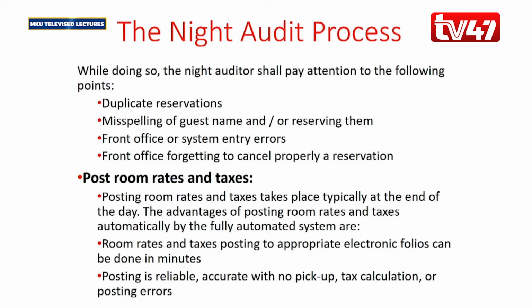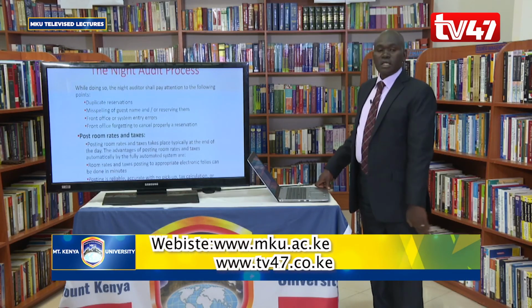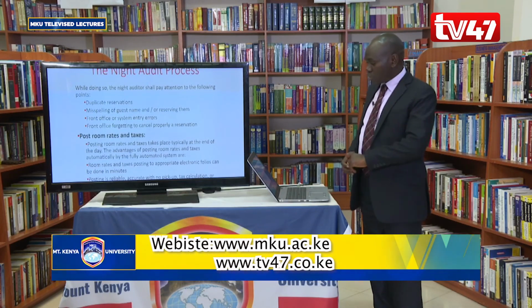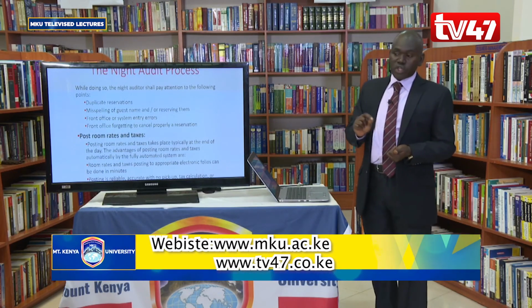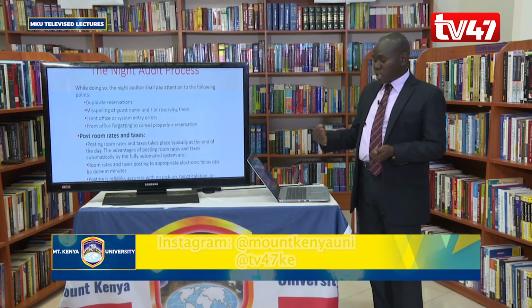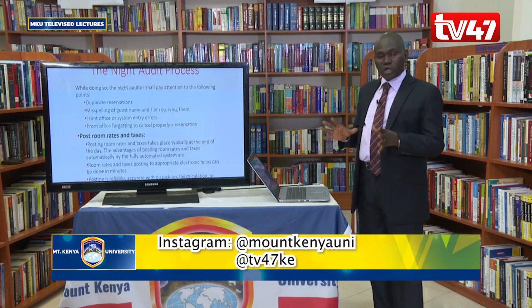So if the guest canceled the reservation and we forgot to cancel the same in the system, then at the expected date of arrival, the system will indicate this guest as a no-show. And that's the thing we're talking about here. So for the night auditor to explain a no-show, they don't just pick it as a no-show, they need to check on every one of these.